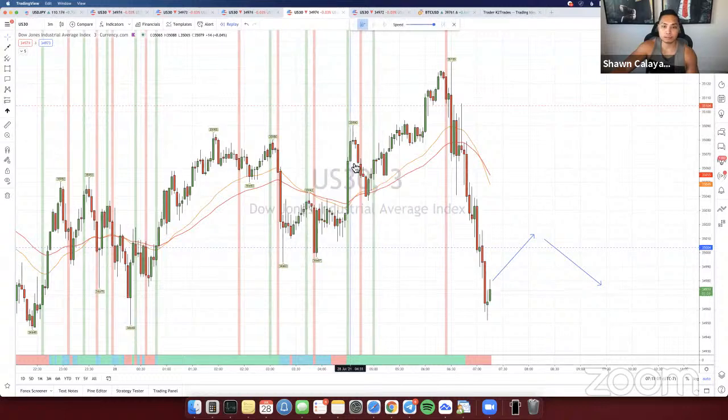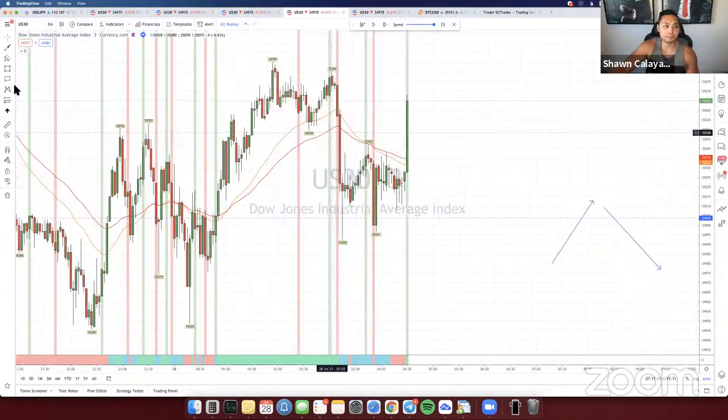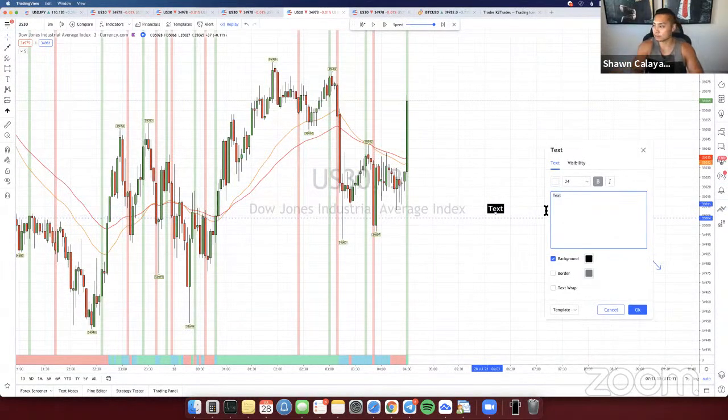I'll put the requirements right here for this strategy, for the people who are new here or if you just want a refresher. Looking at this, this is the K2 US 30 3-minute pivot scalp. First, you want to confirm a valid K2 momentum signal.